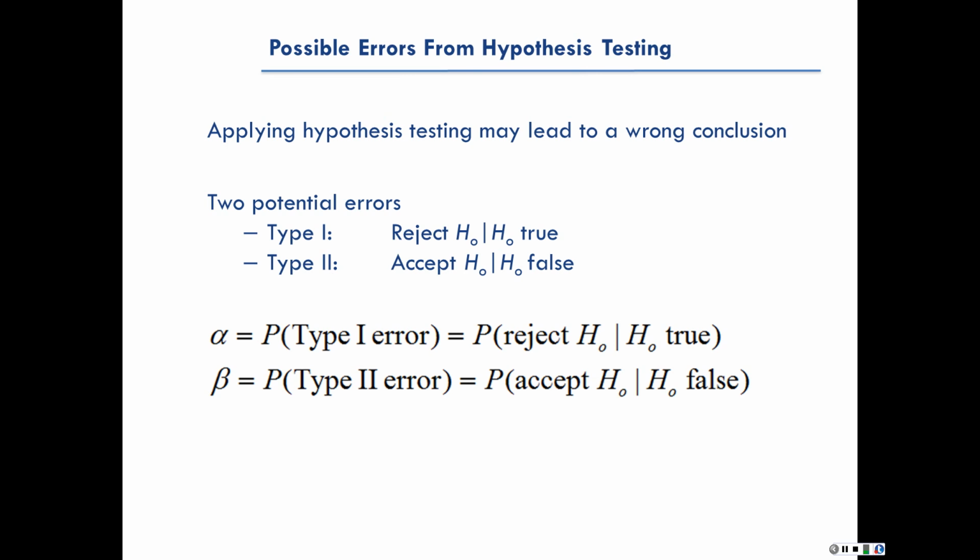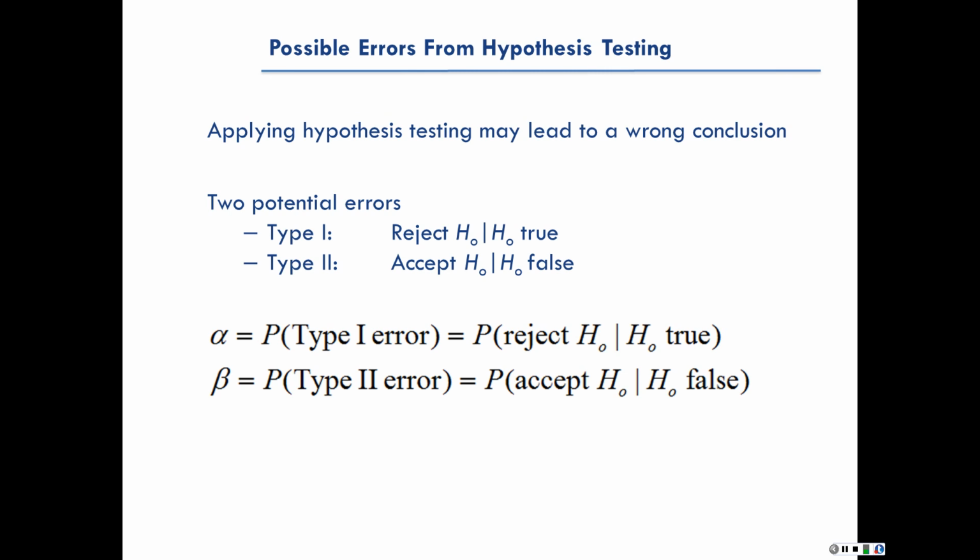If alpha equals 0.05, then there's only a 5% chance that we would reject the null hypothesis when the null hypothesis is in fact true. Some studies will set it even lower at 0.01 or 0.0001. The second type of error is what is referred to as a type 2 error.